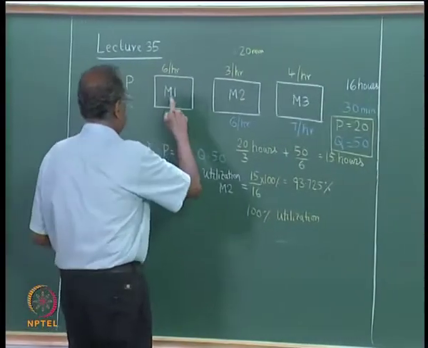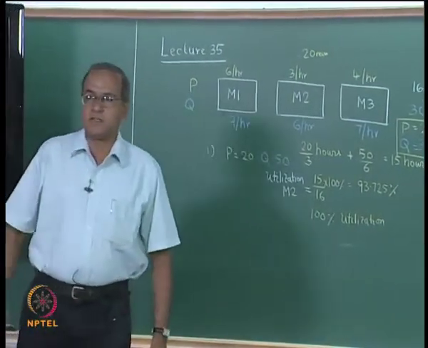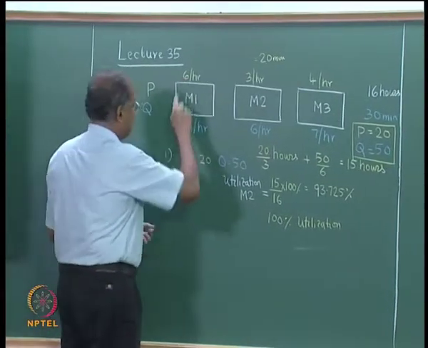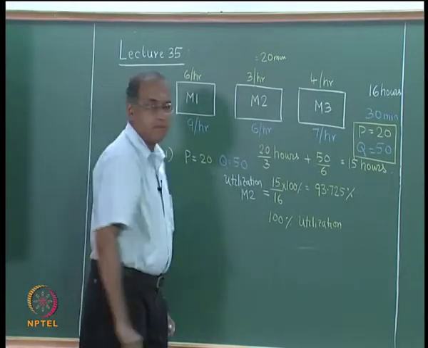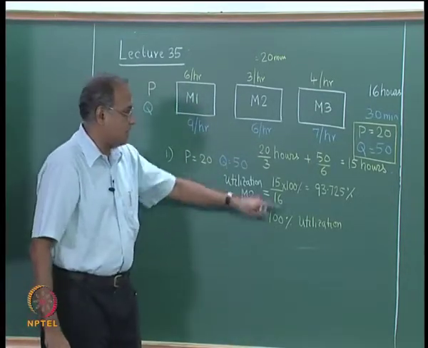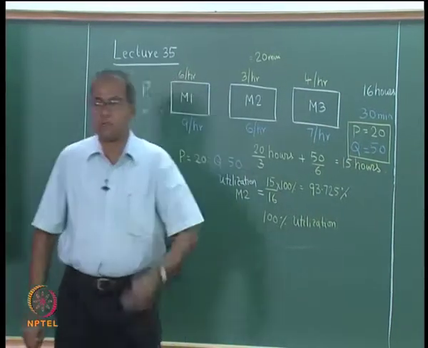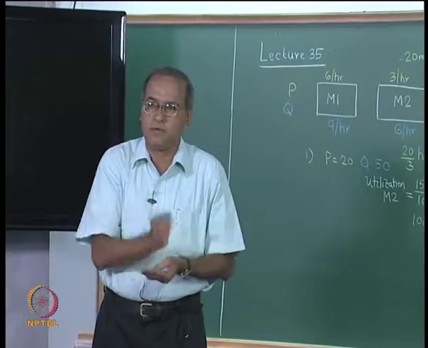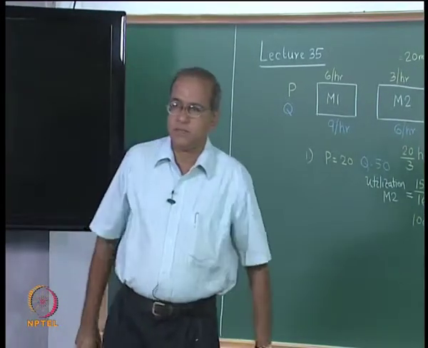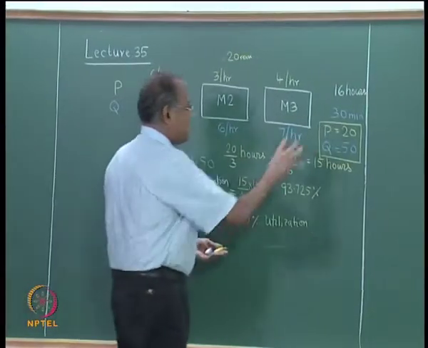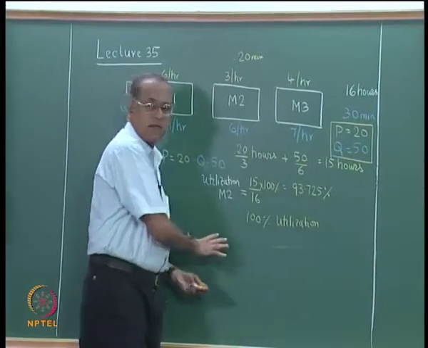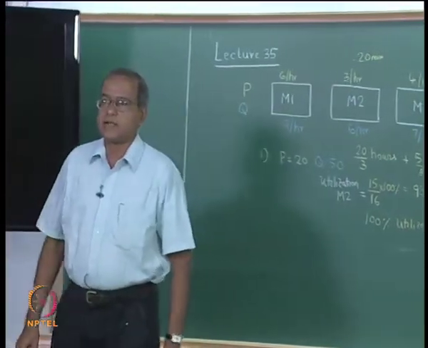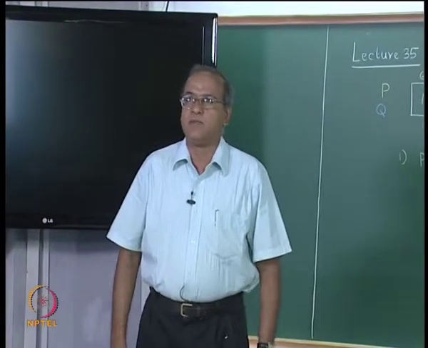Now, what is the utilization of this? This is the utilization of the bottleneck. So, when we also consider the changeover time of 30 minutes per changeover, and if we consider two changeovers, one from P to Q and the other from Q to P, then this also becomes a bottleneck, because in terms of time this requires 16 hours and exactly 16 hours are available.